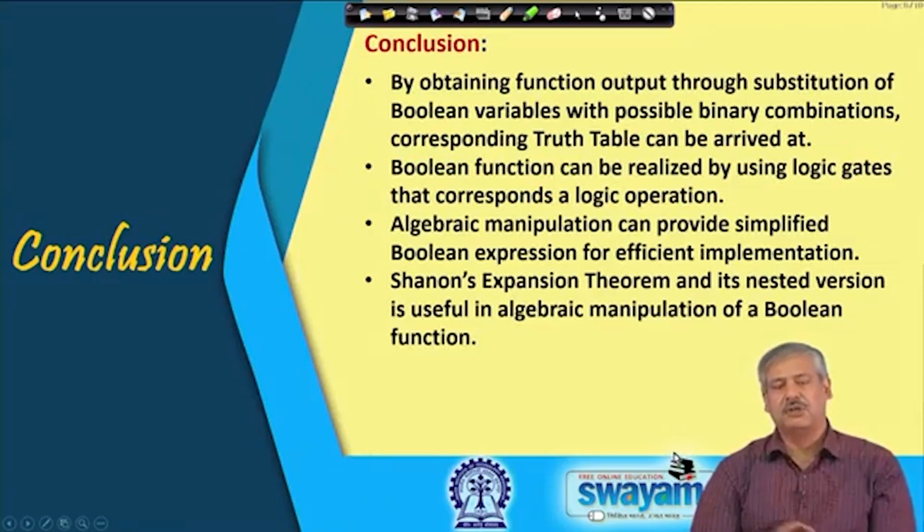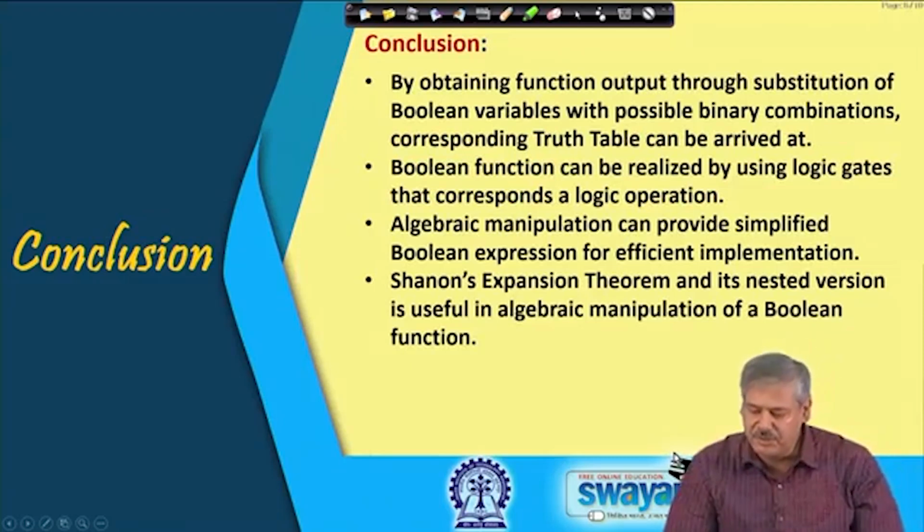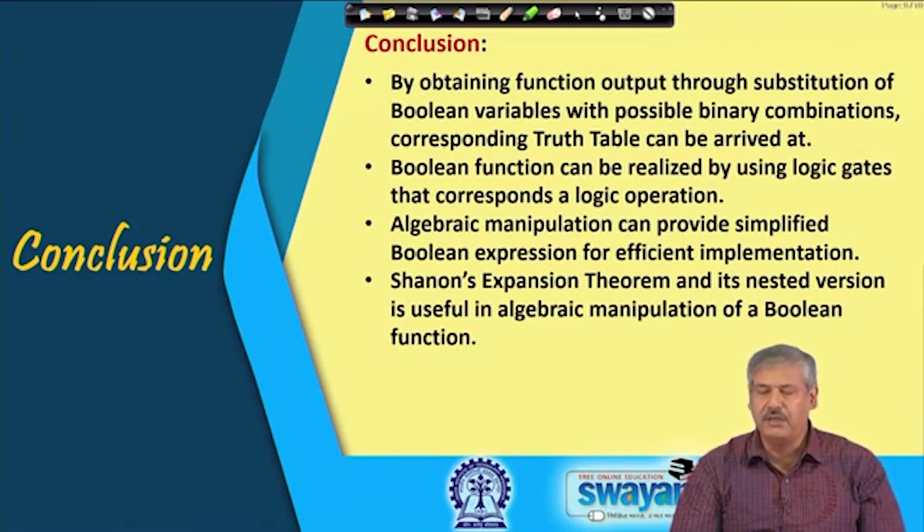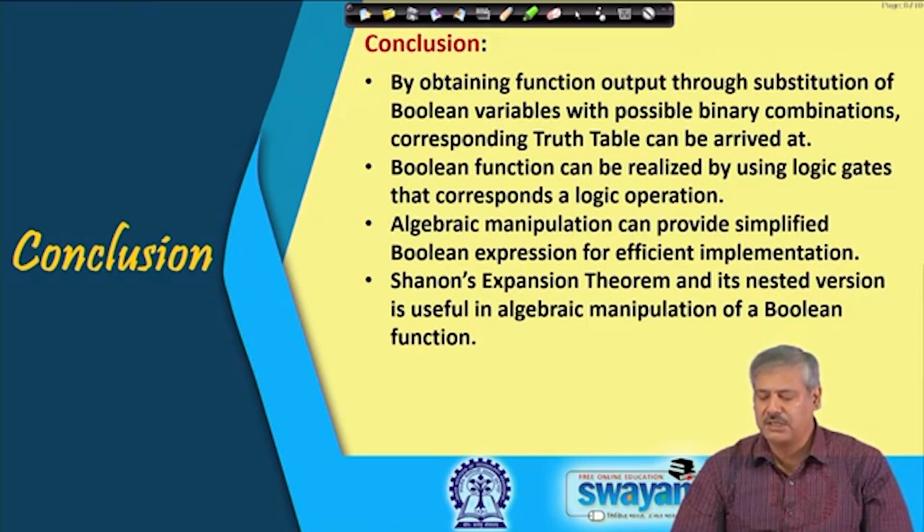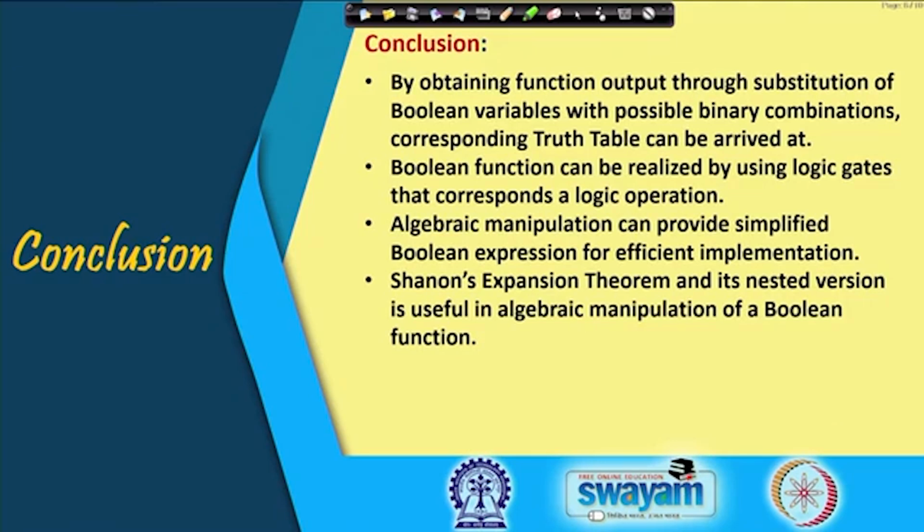So, to conclude, what we have seen today in this particular class is we can obtain a function output by substituting variables with all possible binary combinations, and we can get the truth table out of it.